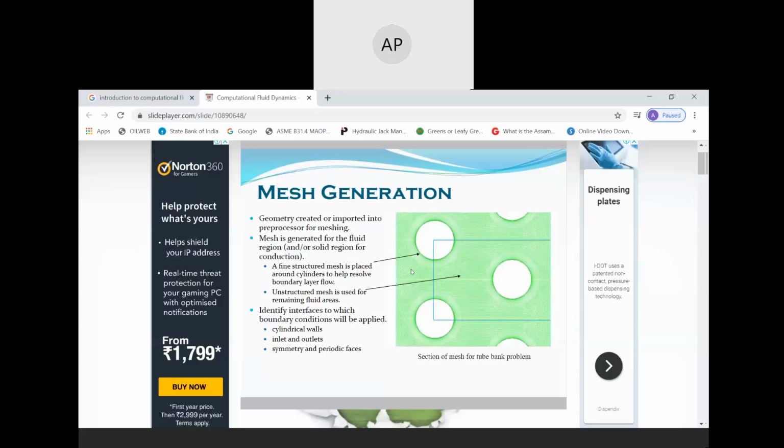Unstructured mesh is used for remaining fluid areas, and interfaces are identified to which boundary conditions will be applied. We have to apply some boundary conditions and create mesh boundaries which give us the boundary conditions of that problem. Okay.